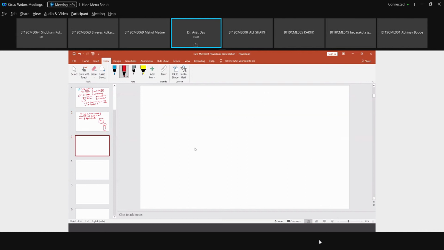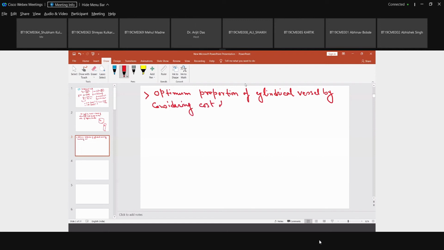Now, optimum proportion of cylindrical vessel by considering cost of fabrication.